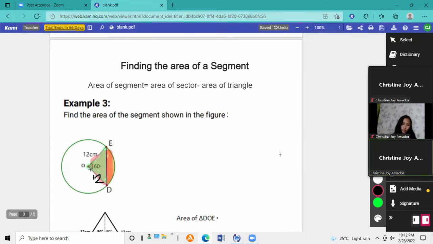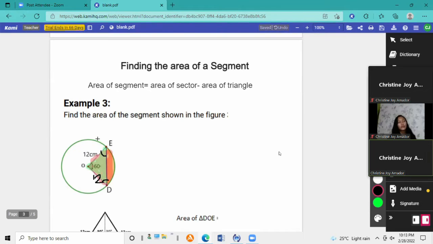As you can also observe, we have the given of 60 degrees, this one. If OA is 12 and OD is 12, meaning angle D is equal to angle E. As you can observe, we have this triangle.